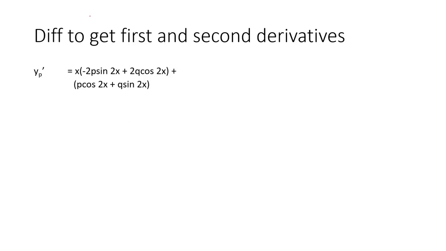Okay, and then, just now the yp that you choose is actually x times (p cos 2x plus q sin 2x).